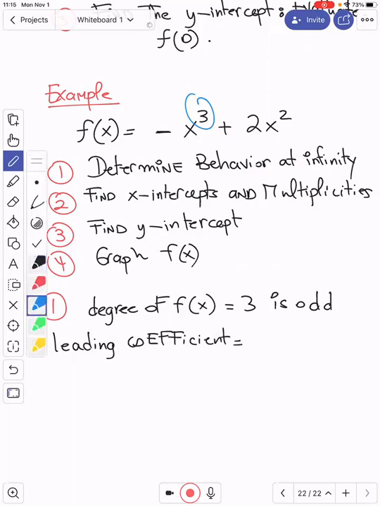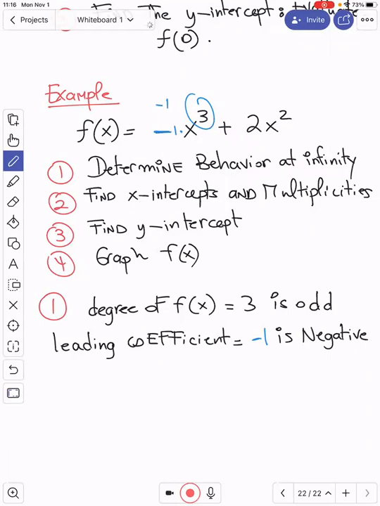Of course, there is a negative in front of the x cubed, which is the highest power of x. So this is like -1 times x cubed. So it's -1, which is negative.